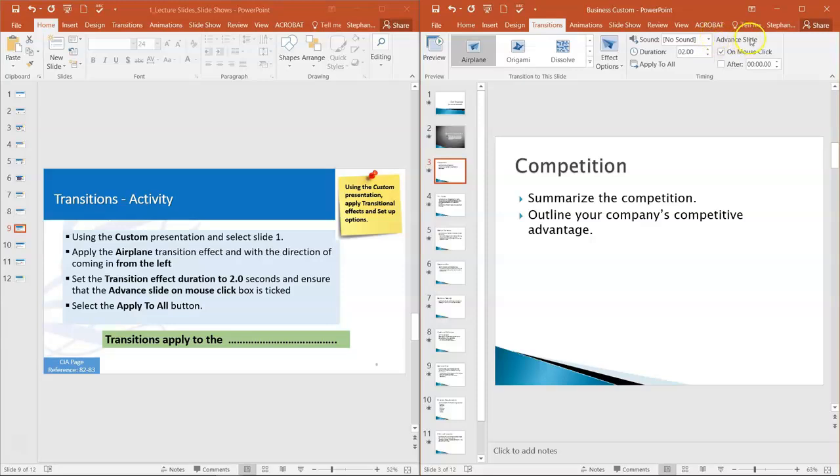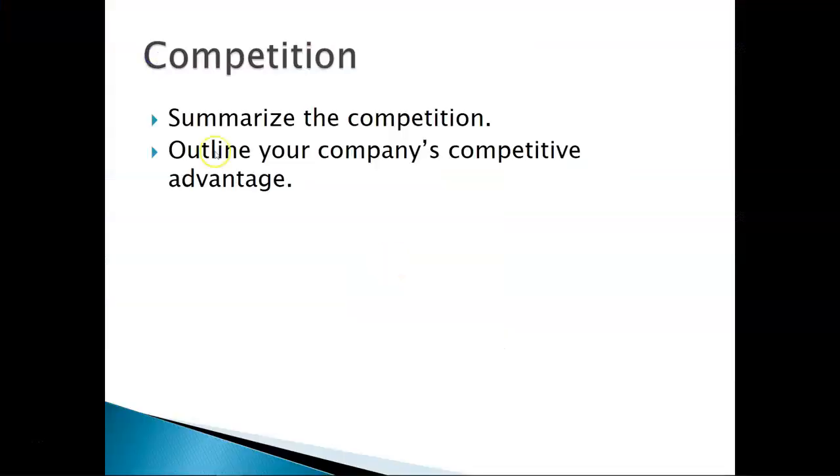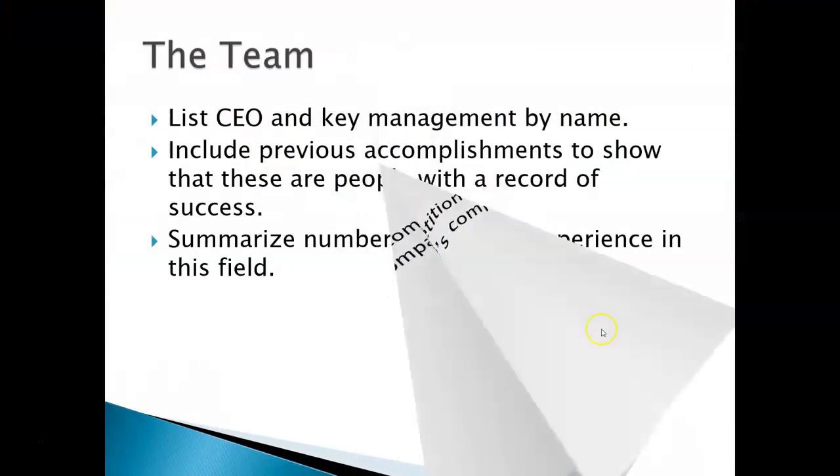So the advance slide here, we make sure that that's ticked, and it is. It's on mouse click. And then select apply to all slides. So then we can go apply all, and then that effect has taken place. So let's have a quick look at it. I'll change my display. There we go.